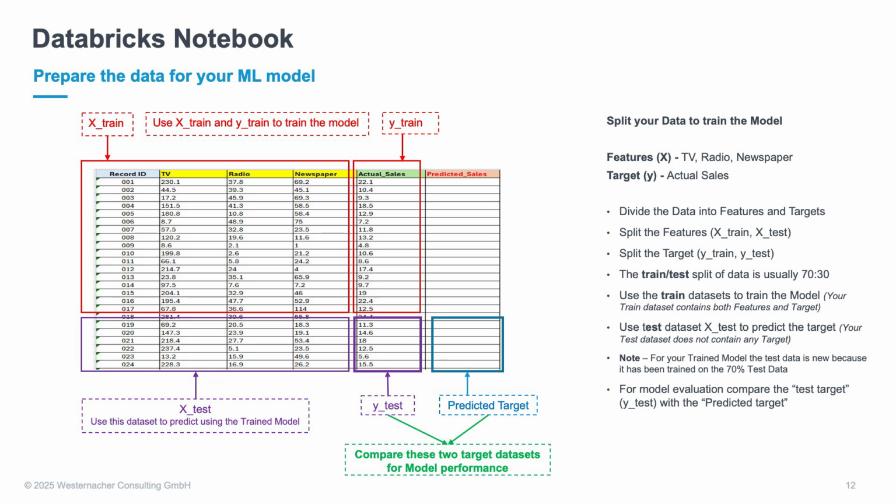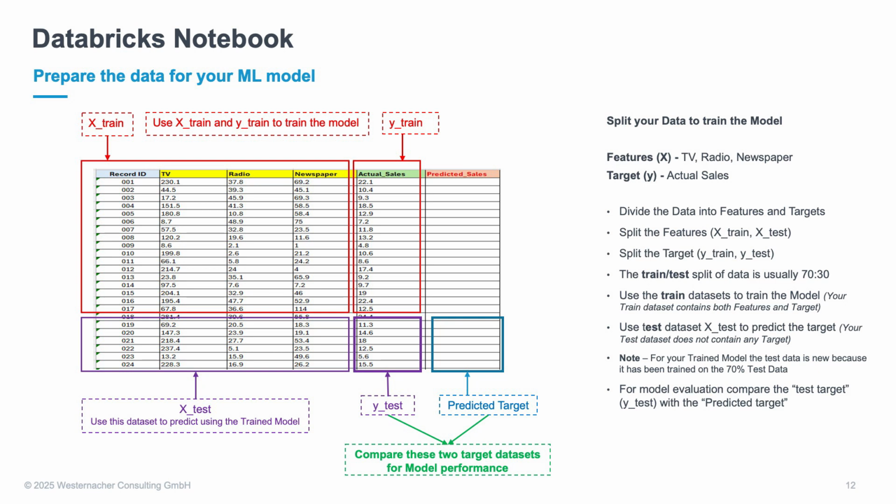So here, our next step is to prepare the data for your machine learning model. Now, this may look a little bit complicated, but if you focus on what we're trying to do over here, we have our whole data set and we'll have to split the data. You can see the data with the big square on the left with all features, TV, radio, newspaper. We'll call it X_train. These are our features.